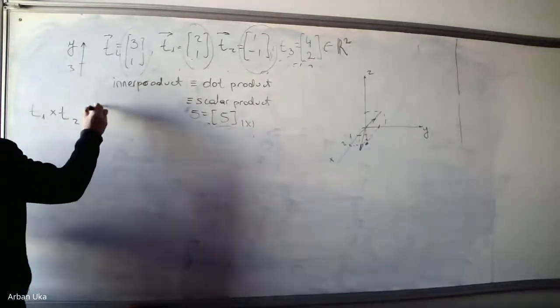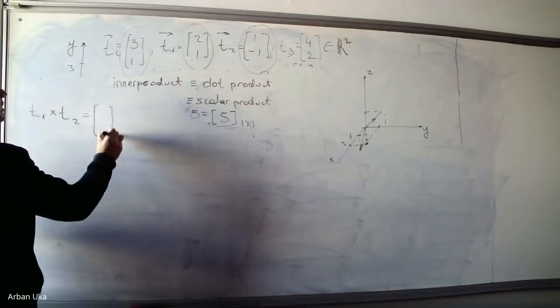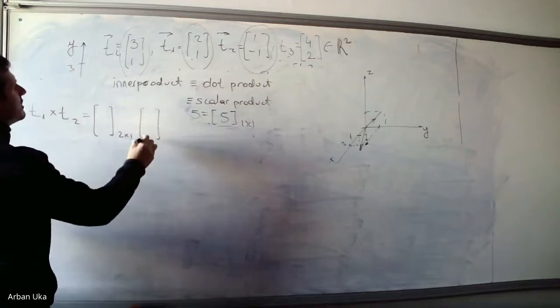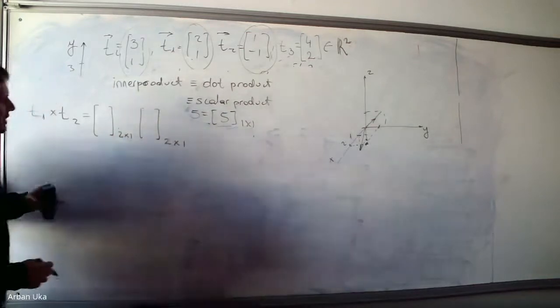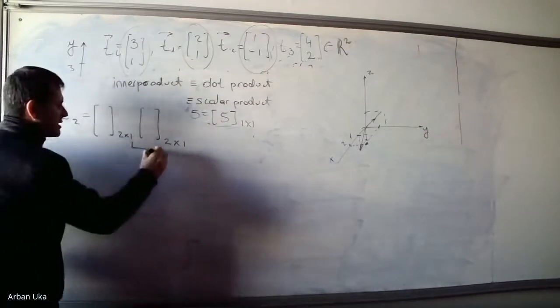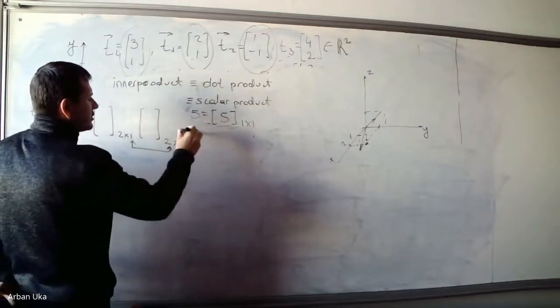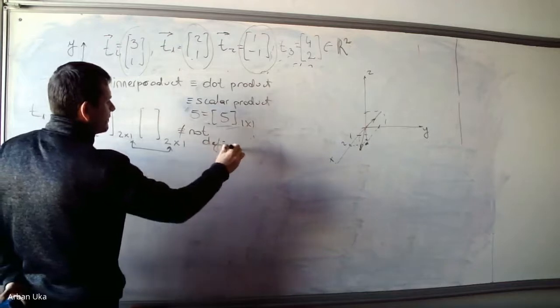Because this would be the multiplication of T1, a matrix which is 2 by 1, with another matrix, T2, which is 2 by 1 also, right? Multiplication of these two vectors is not defined because these indices are not equal to each other. So we say that this is not defined. That's true, we cannot.